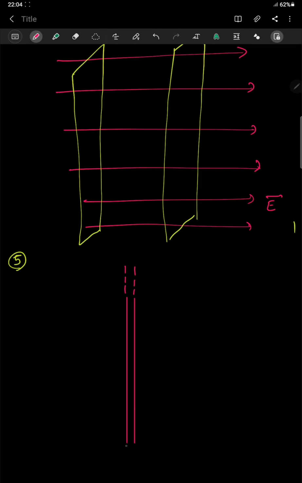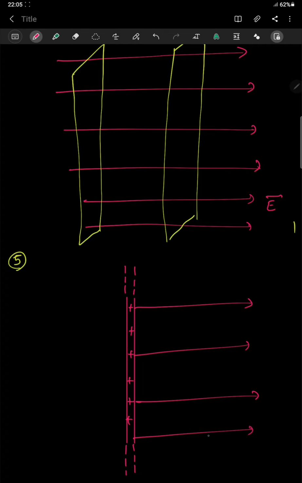So this represents that it is an infinite charged wire. Now suppose I take the electric field lines in this manner, positive. So the field lines will be coming out in this manner. So these are the field line directions.